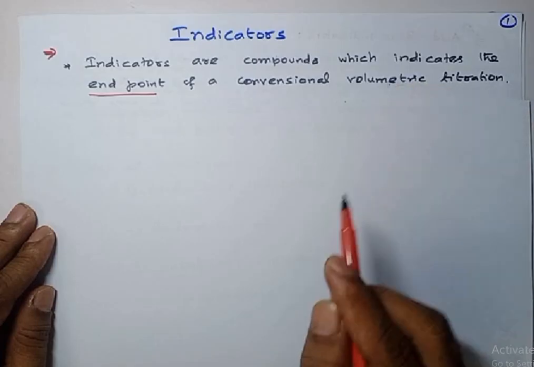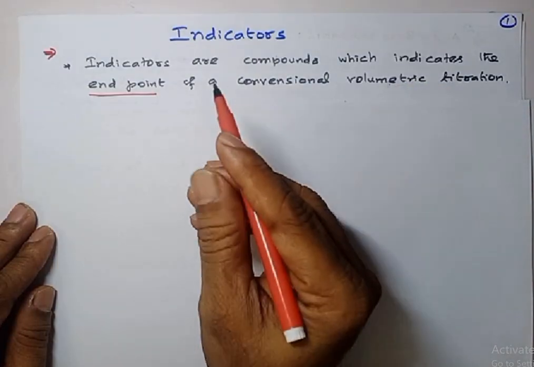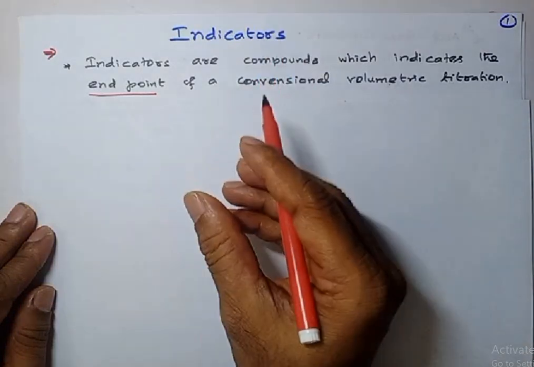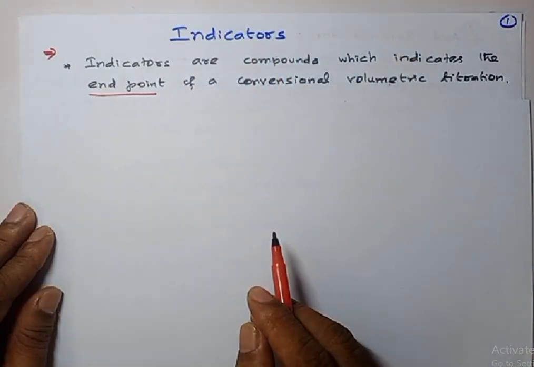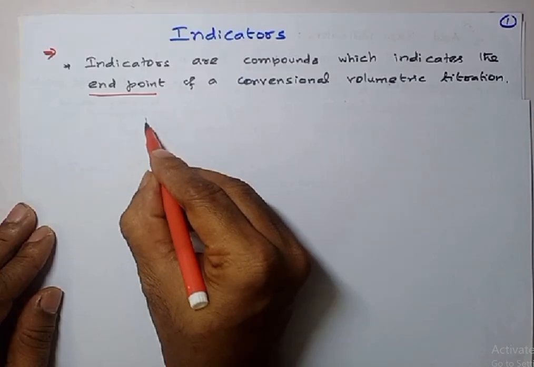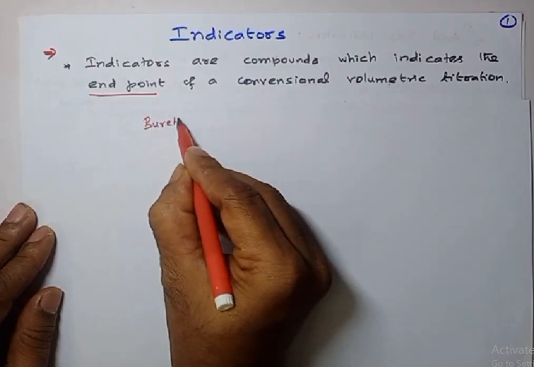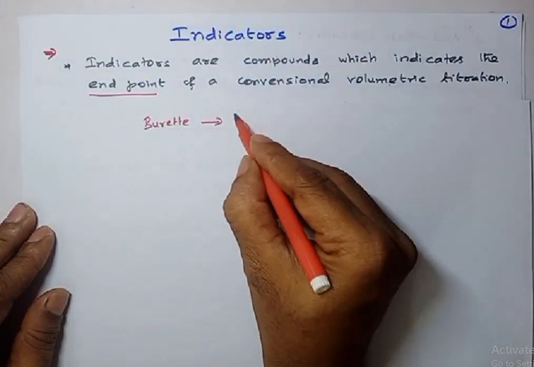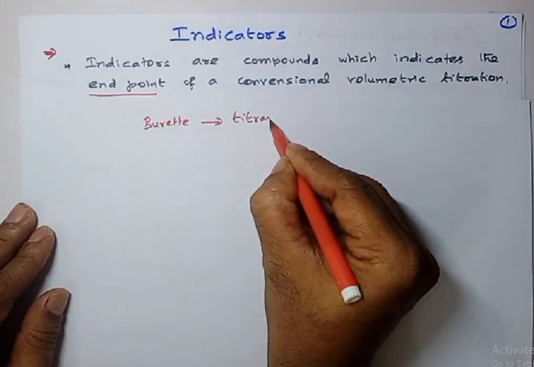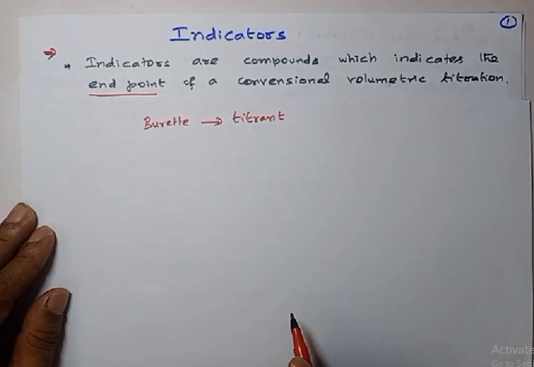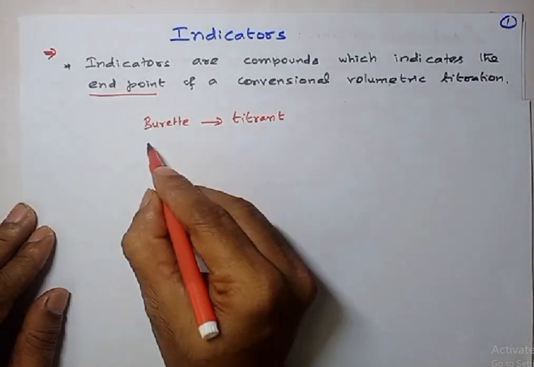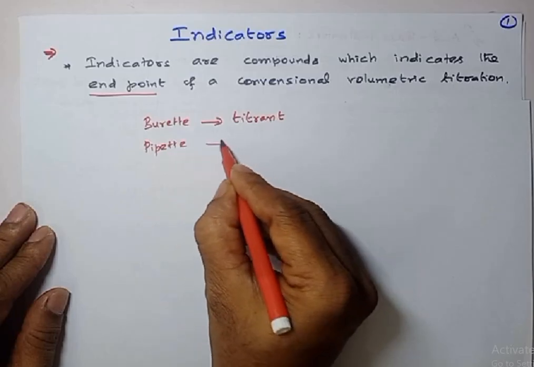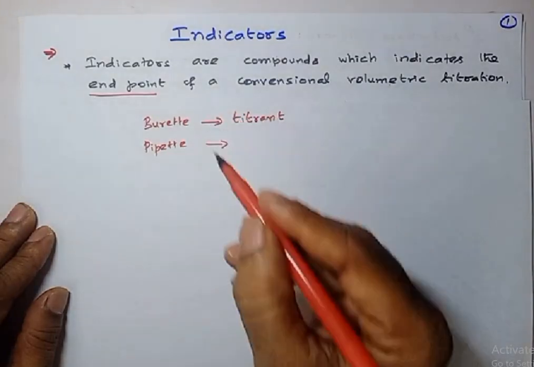In conventional volumetric titration, we use a titrant, and we take the titrant in a burette. In the burette, we take a solution called titrant. This is one reactant, and in the pipette, we take another reactant.